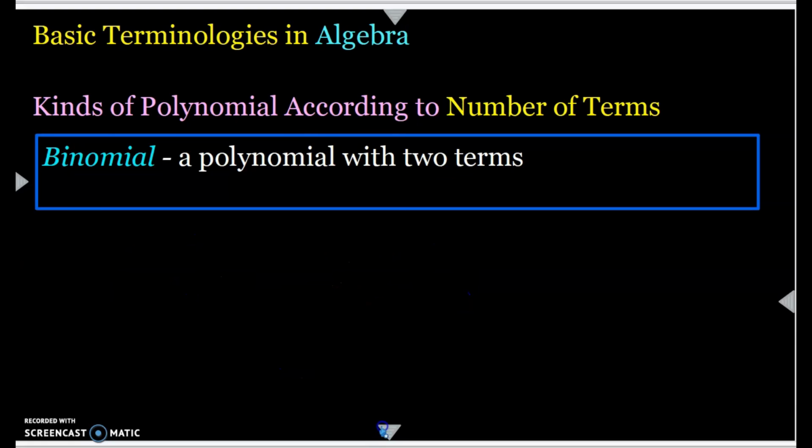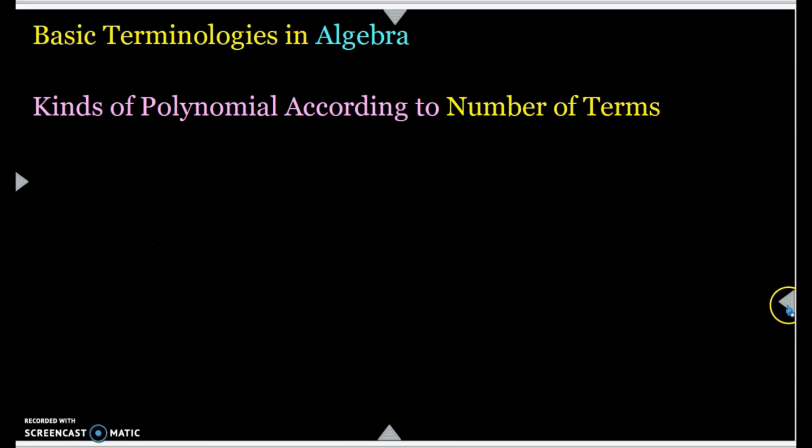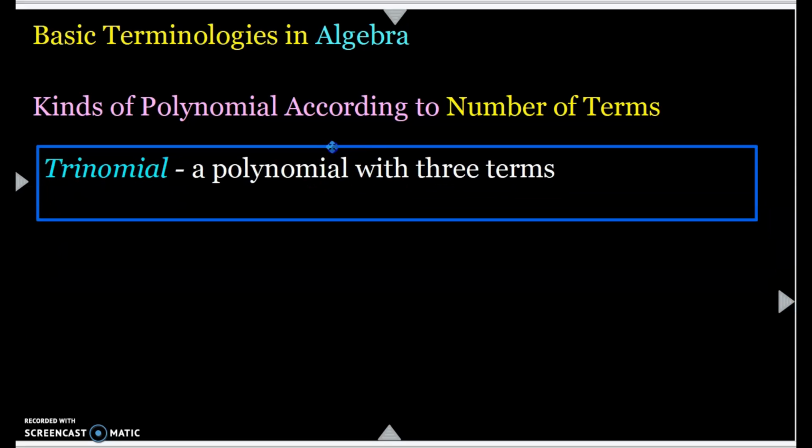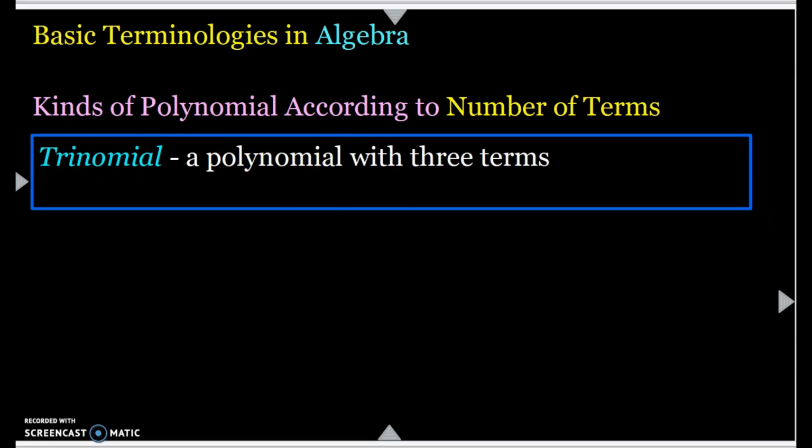and bring it back. The next classification is, so from 1, 2, we are now down to 3. The next classification is a polynomial with exactly 3 terms. And we call it a trinomial, taken from the prefix tri, which means 3. Okay. So this time we have exactly 3 terms.